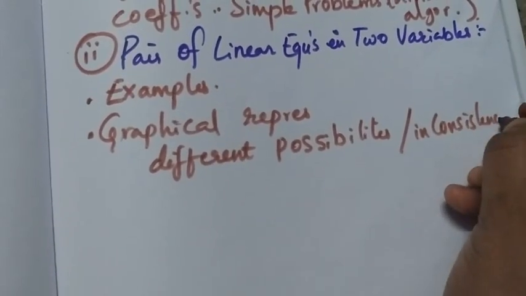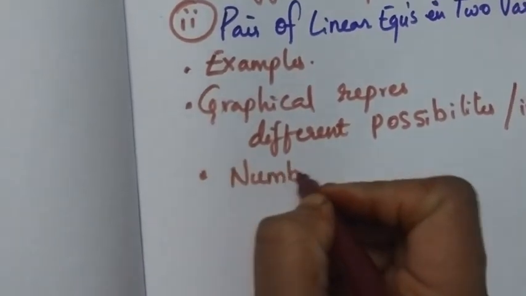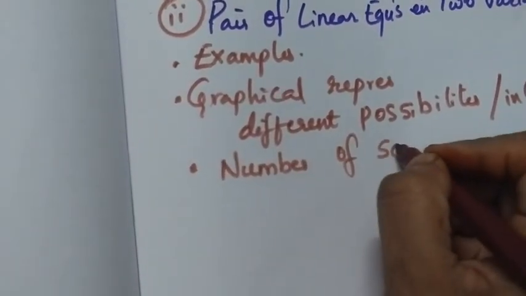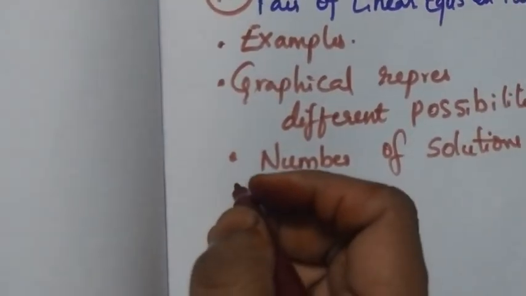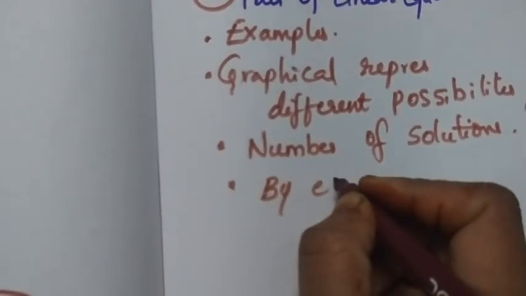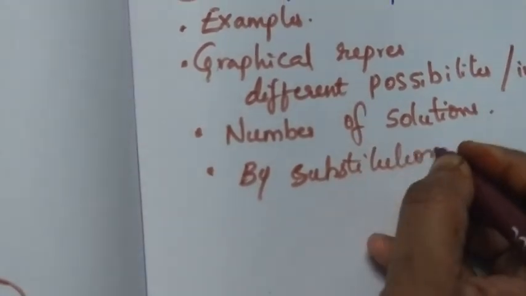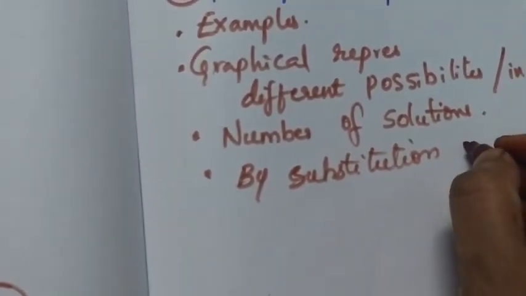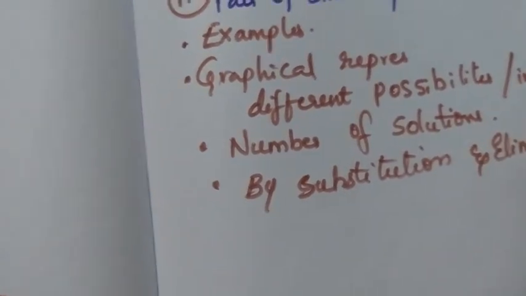Now another is the algebraic conditions for the number of solutions, and the substitution method and elimination method, with problems based on substitution. We have to learn all these, the substitution and elimination methods.